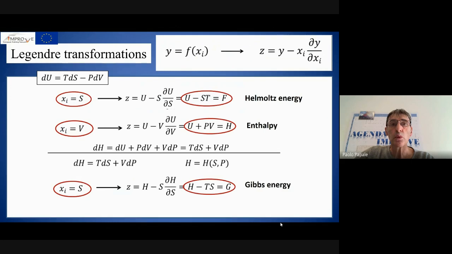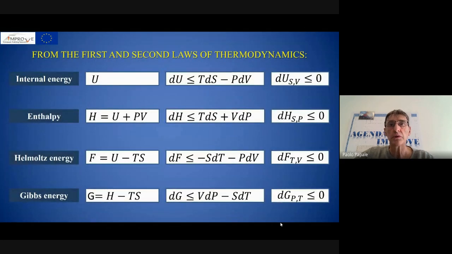Therefore, we can refer to each of them in our problem of finding a criterion for chemical equilibrium. However, while in principle they all do the same job in describing the energy of a system, in practice they are of different utility. The reason is shown here.